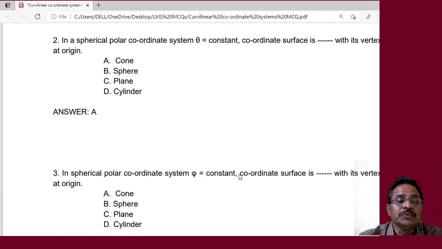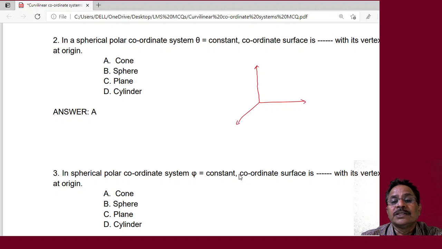Now question 2. In the spherical polar coordinate system, theta is equal to constant. The coordinate surface is dash dash with its vertex at origin. So we have to go for coordinate surfaces. Now we draw the xyz coordinate system.